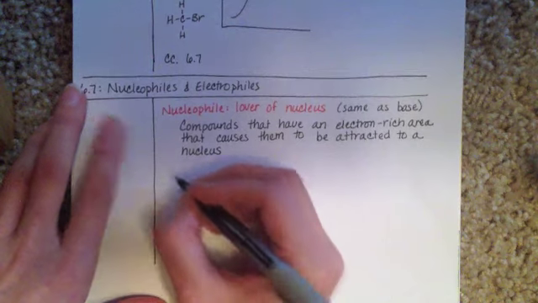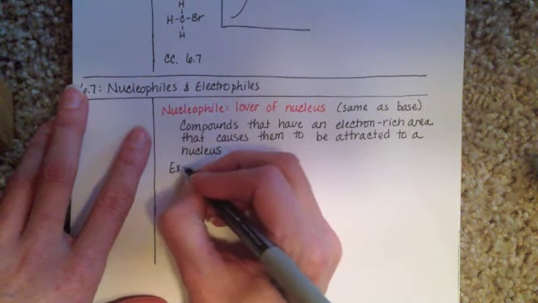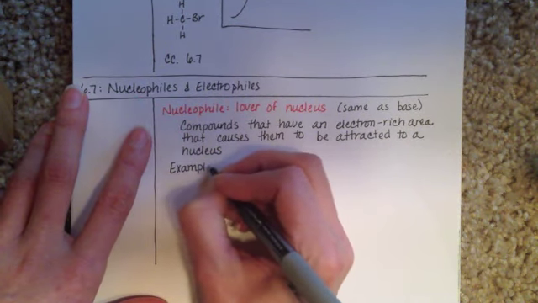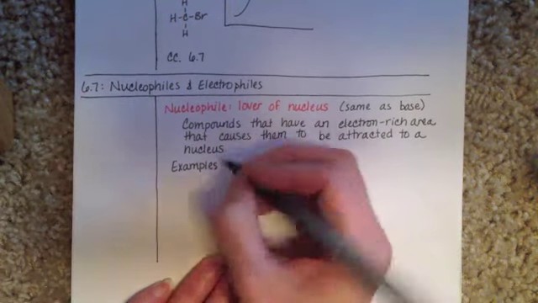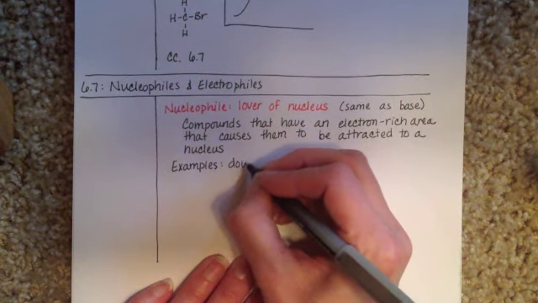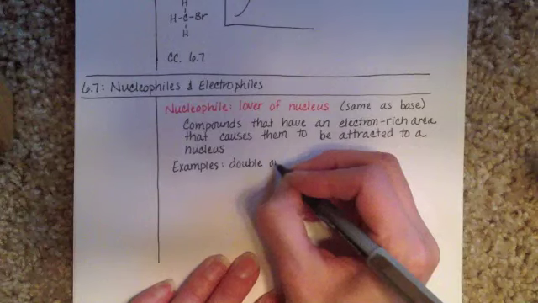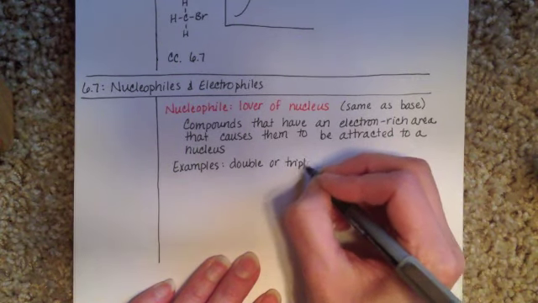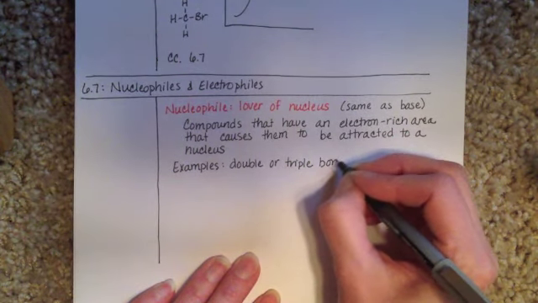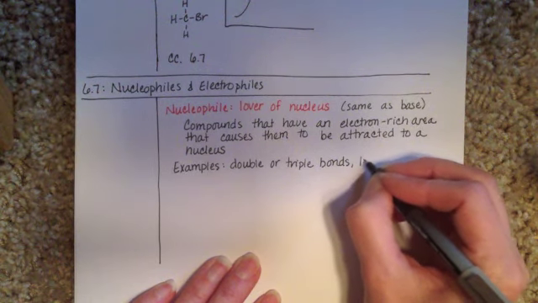Some examples of nucleophiles, most commonly found nucleophiles, would be double or triple bonds. They're very electron rich. Lone pairs.